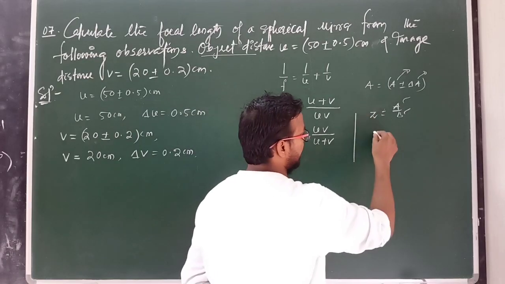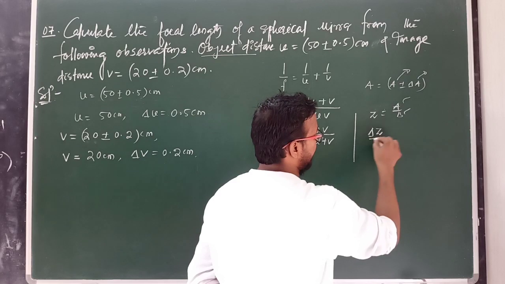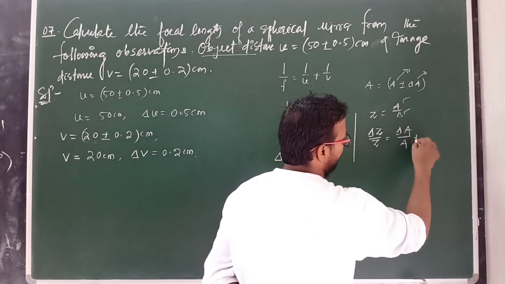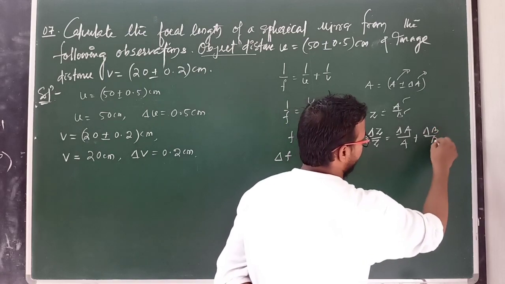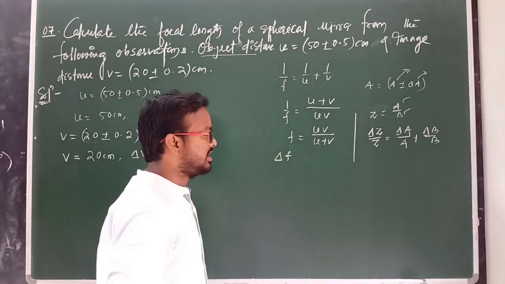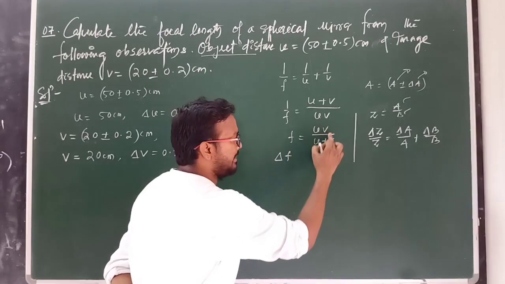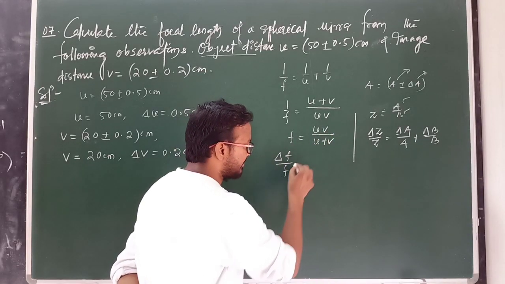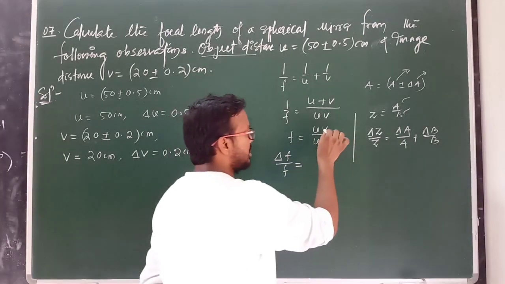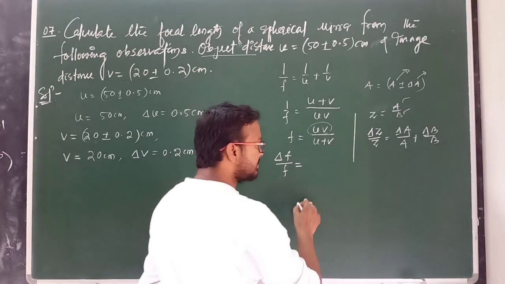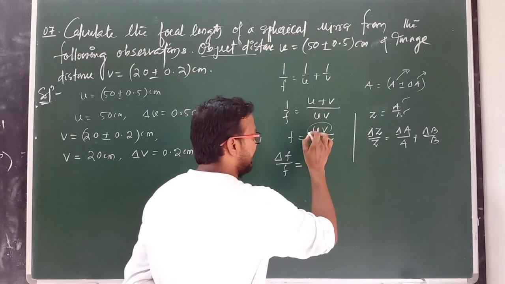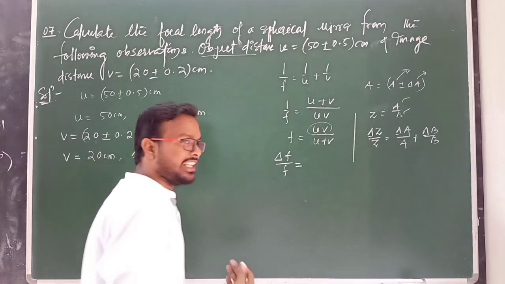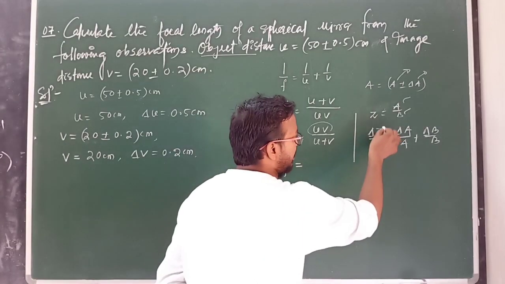So you can write delta z by z equal to delta a by a plus delta b by b. By using this relation, here f equal to a by b, you can say. For the multiplication and division case, the maximum possible error can be written in this format.